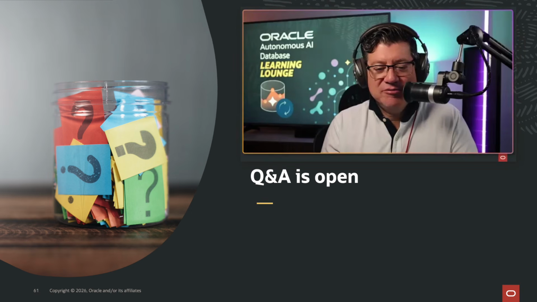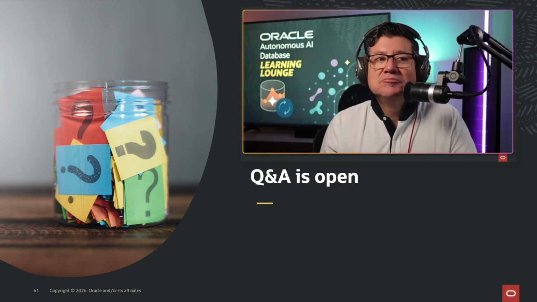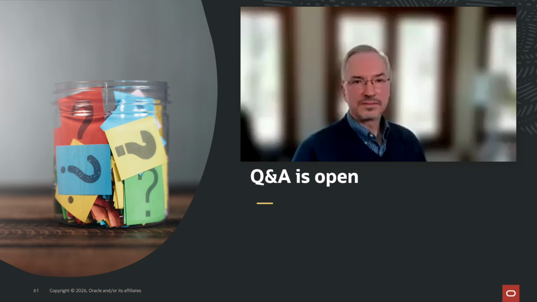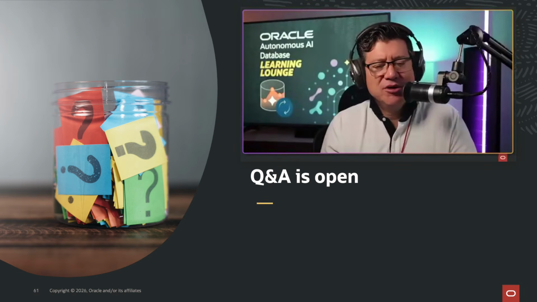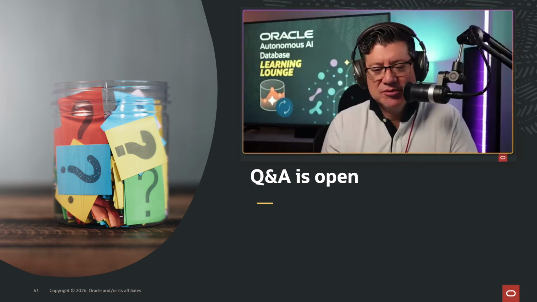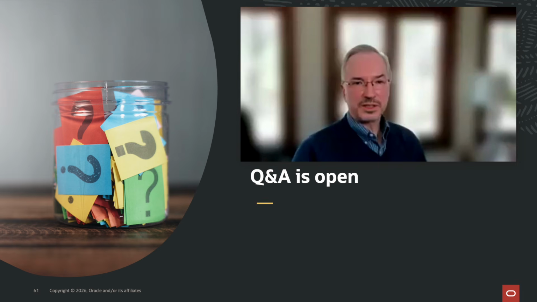Others are asking, if they create agents through OCI Enterprise AI, can they use them with Private Agent Factory? I don't see why not, as long as it's supported. One would expect so, but I don't have a good answer for that one.